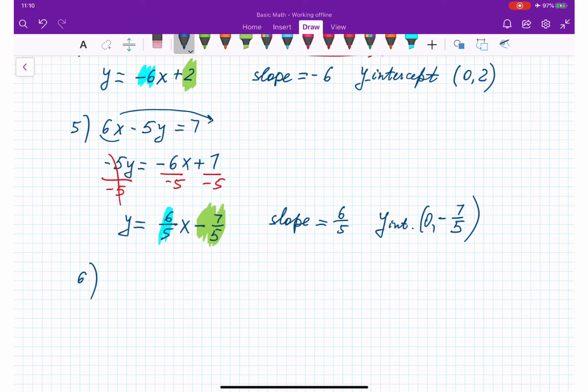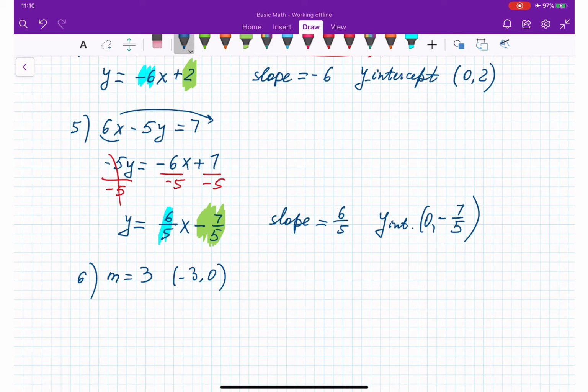Okay, now we have in different form, m is equal 3, and point, negative 3, and 0. So what do we have in this form, in this case? m is equal 3, what does that mean?